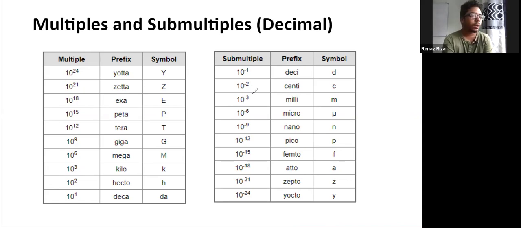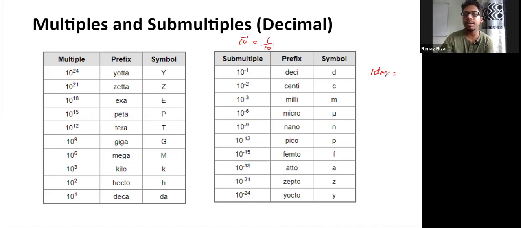Okay, and then submultiples. 10 to the power minus 1 is deci. For example, if I say 1 decimeter, that means 1 dm is equal to a meter divided by 10. 10 to the power minus 1, if you write it with a positive index, is 1 over 10.